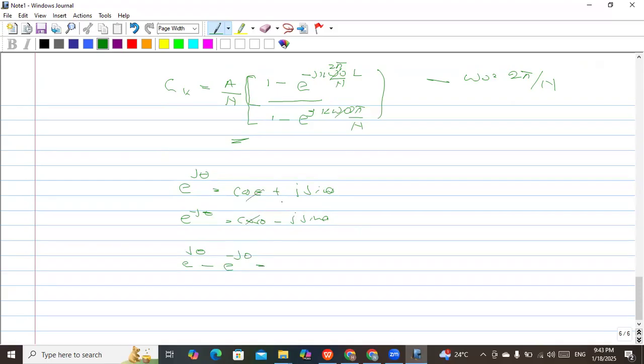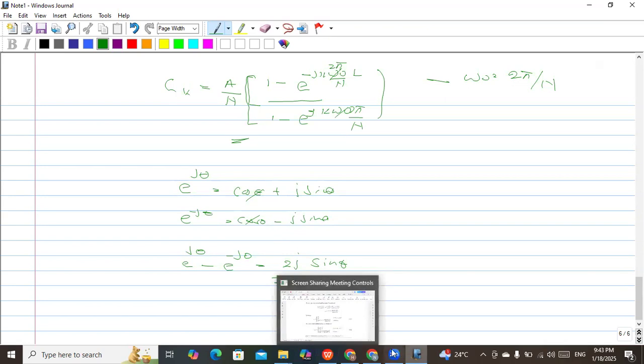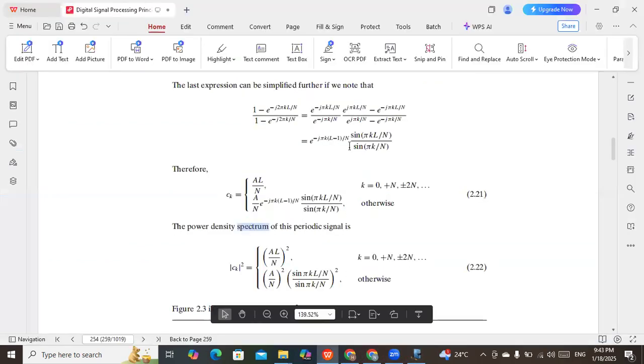Cos theta will cancel out, and the sine terms will be added together, so it will be 2j sin theta. You can see that this is e to the j theta minus e to the power minus j theta, so it will be a sine term. So this will also be a sine term. Likewise, you can find the ck value easily.